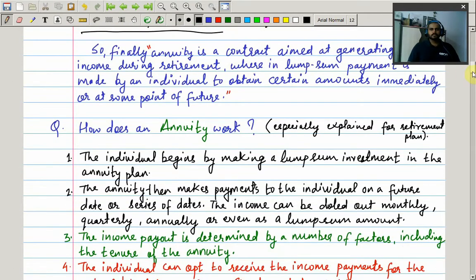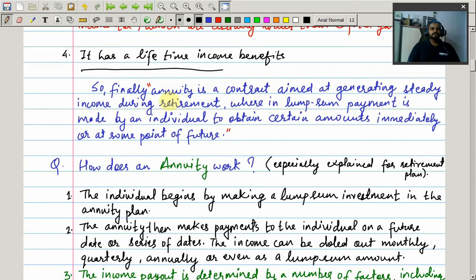So one more time, we will define annuity. Annuity is a contract aimed at generating steady income during retirement. So this is the main motive behind annuity plans. We need to generate some income at the age of 59 or 60, or we can say after our retirement.